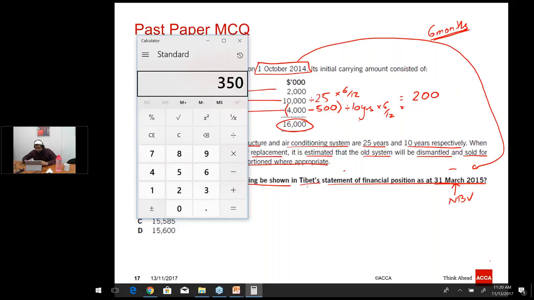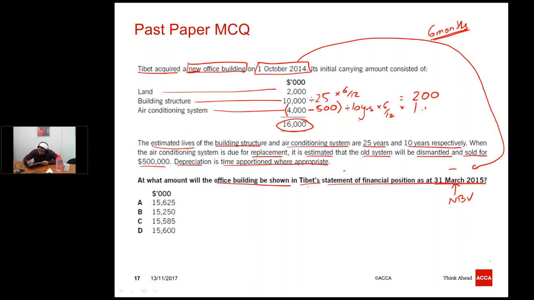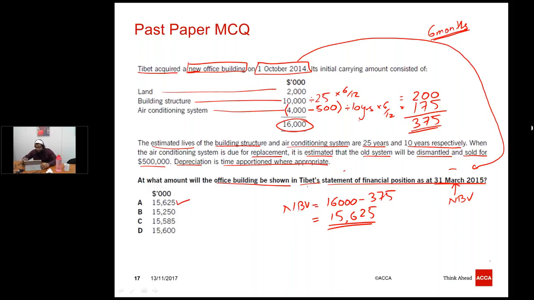Annual depreciation is 350, into 6 divided by 12 is 175. So the total depreciation is 375. So the net book value is 16,000 minus 375, which is 15,625. So your answer is actually A.